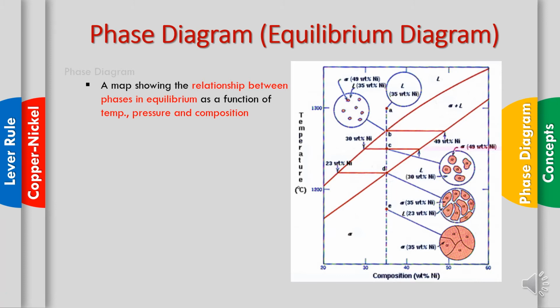Here the pressure is kept constant, and when the temperature increases at constant composition, we can see a slight difference in the graph, in red color, change, whether decrease or increase. In this case, the phase diagram acts as a map to project the relationship between phases in equilibrium.